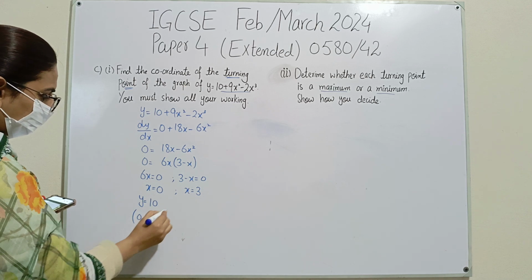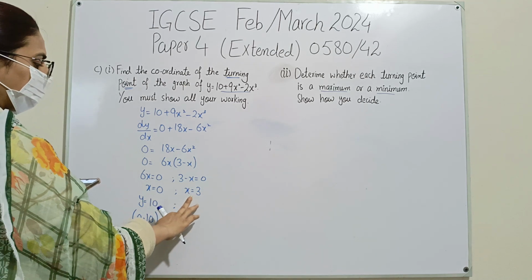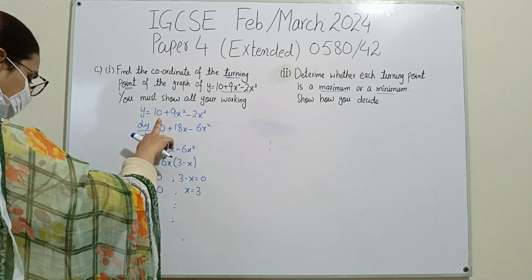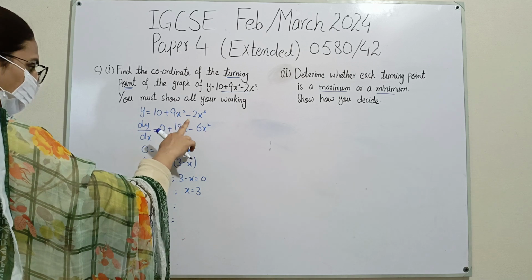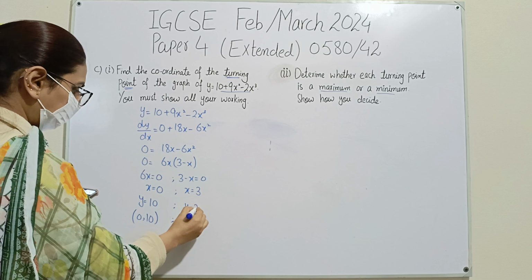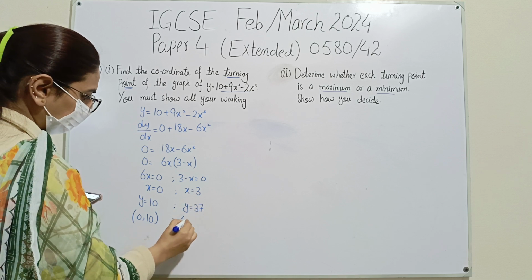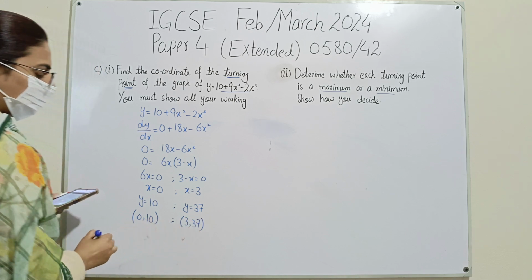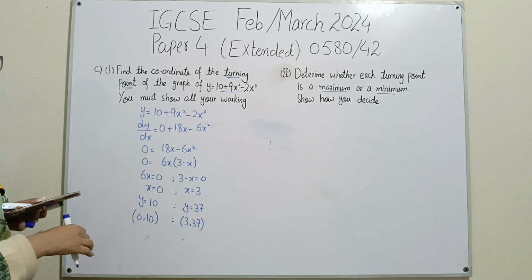In a similar way, put x equal to 3 in this expression. 10 plus 81 minus 54 gives y as 37, so you will have a turning point at (3, 37). These are the coordinates of the turning points.